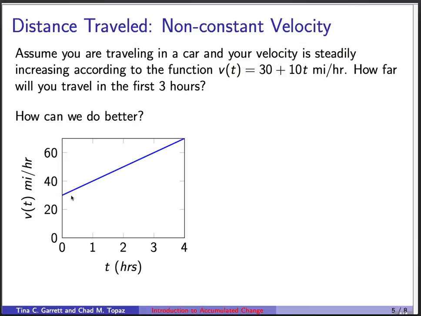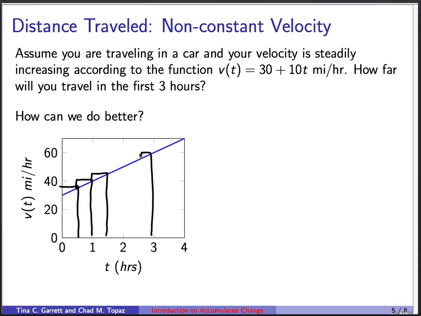We're going to take the first half hour at this speed, and then the second half hour at this speed, and the third half hour at this speed, and so on, all the way up to the last one, which would look something like this.